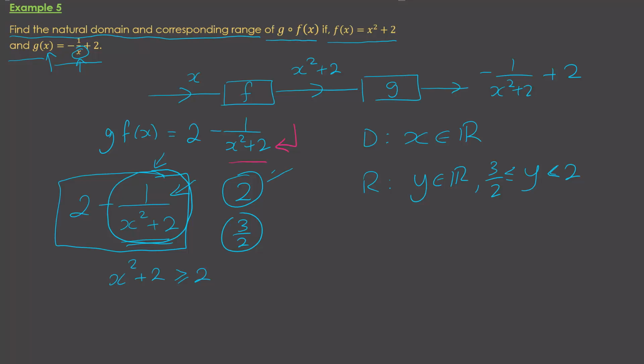So the function cannot actually take the value 2. It will just tend to 2. If you like, y equals 2 would be an asymptote. So that needs to be a strictly less than.